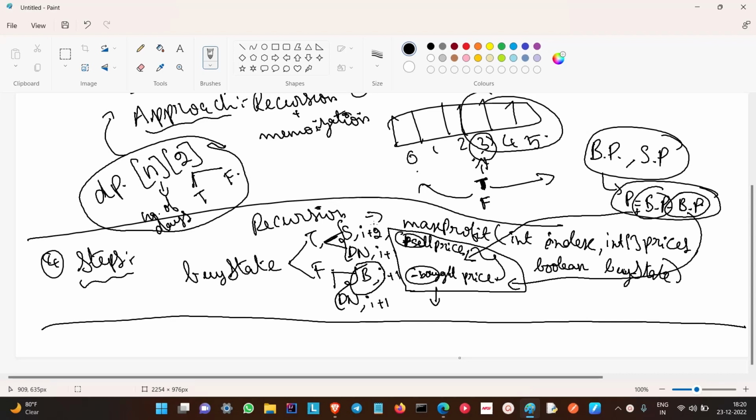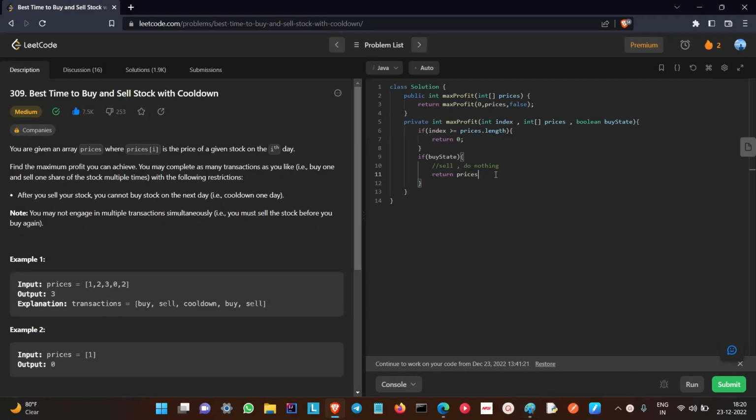Along with it, we are going to move to index i plus 2 and turn the buy state to false, since we have not bought any stocks after the sell. So the current day's stock price will be added along with the maximum profit out of index plus 2, prices, and buy state.